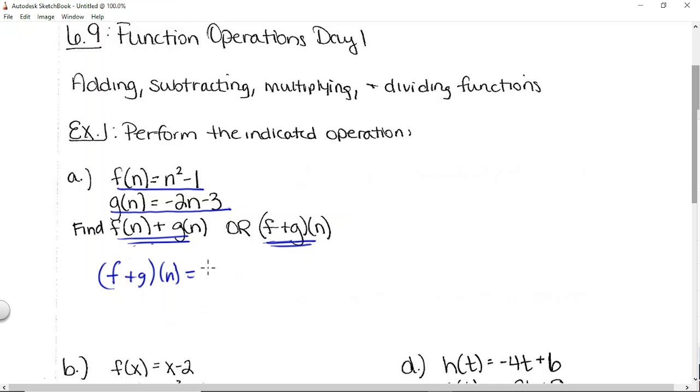So f of n is n squared minus 1. We're going to add to that g of n, which is negative 2n minus 3.